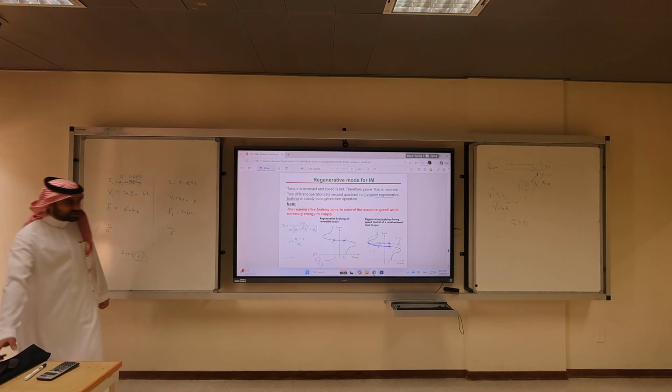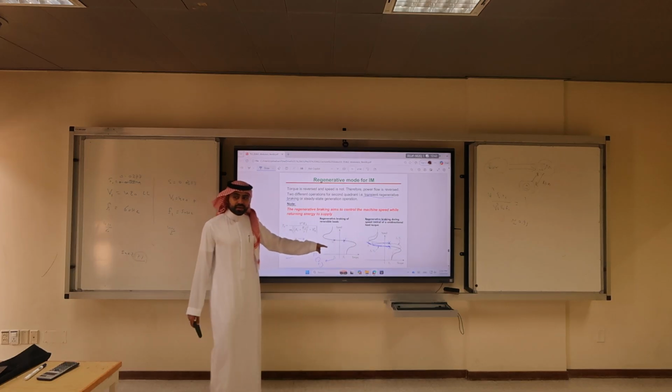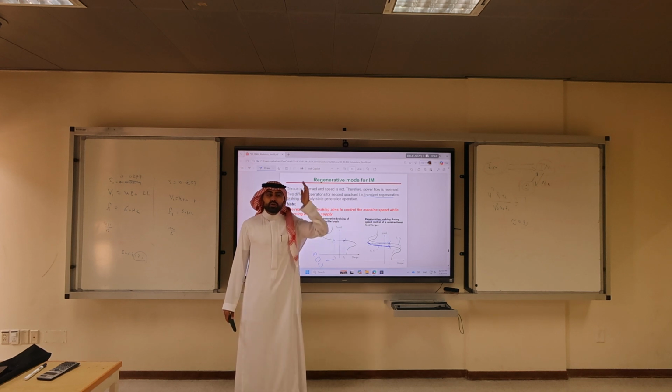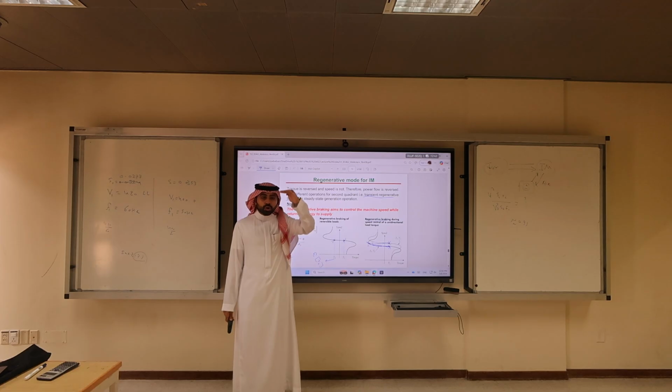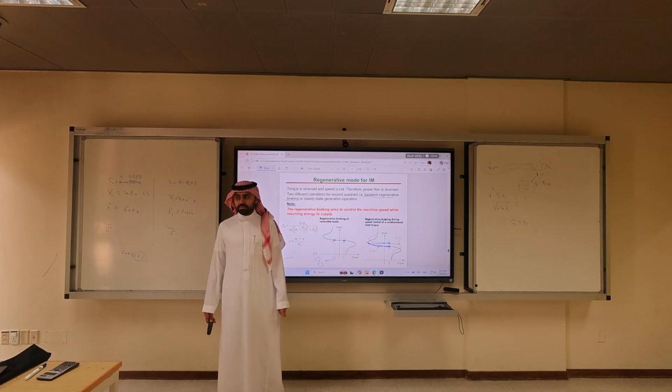I'm not going to ask a question about this part in the test. Okay? But I'm going to ask questions about this other part. The idea from this curve is that you apply voltage, you change the voltage, you change the F. So your torque will be reduced. So now your load is applying higher torque on the motor. Get it?